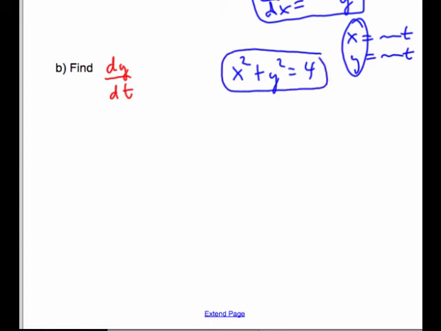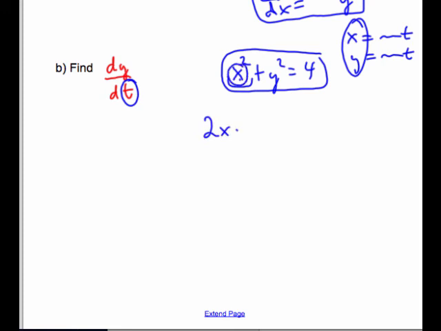So I've got to remind myself that as I differentiate this equation implicitly, every time I come across a variable that is not a t, I need to apply the chain rule. So here we go. The outside function is x squared, so the derivative of that is 2x times the derivative of x with respect to t.